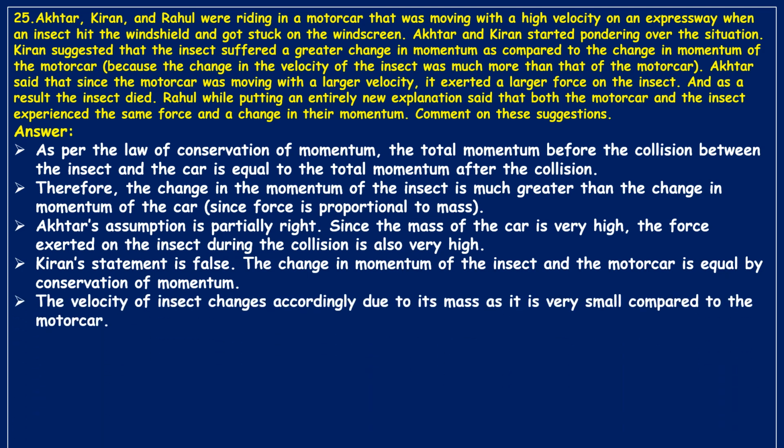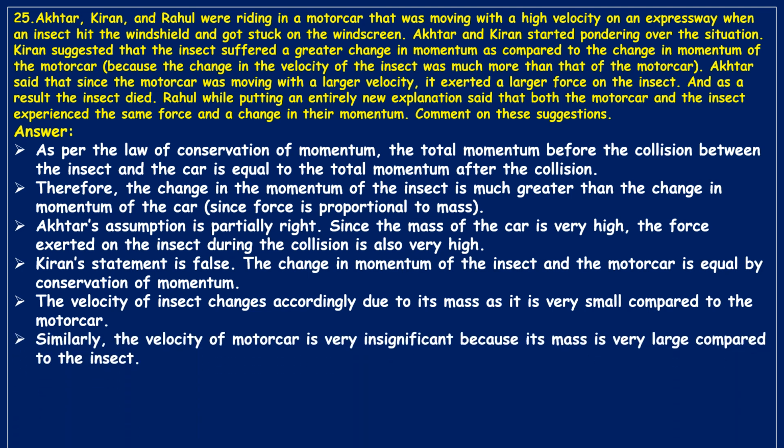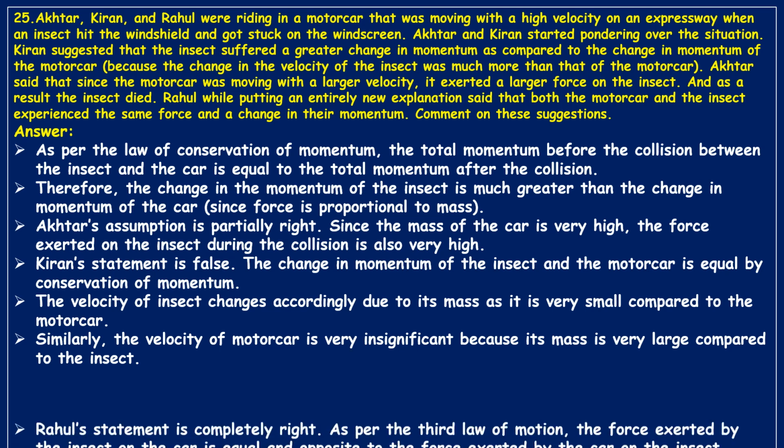Now, the velocity of the insect changes accordingly due to its mass, as it is very small compared to the motor car. Similarly, the velocity change of the motor car is very insignificant because its mass is very large compared to the insect.